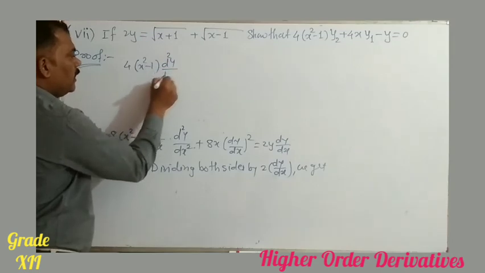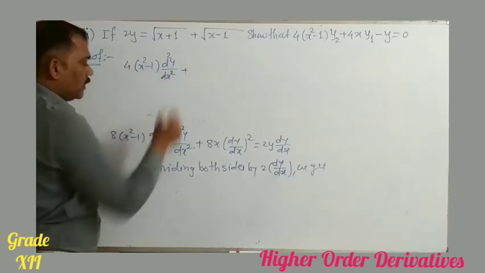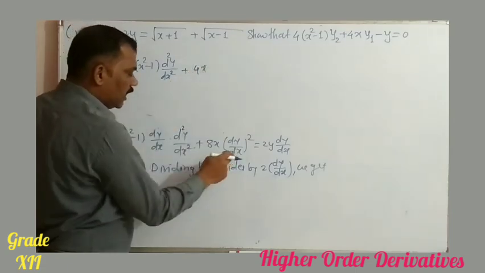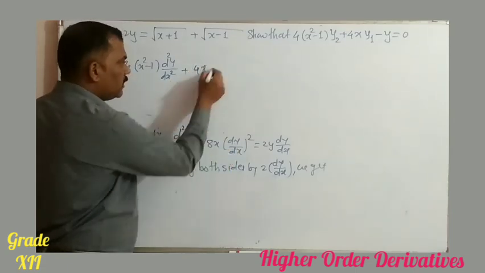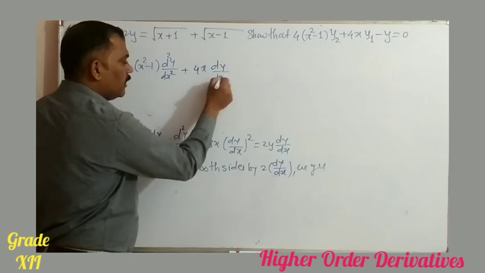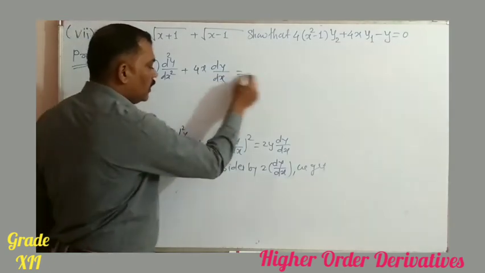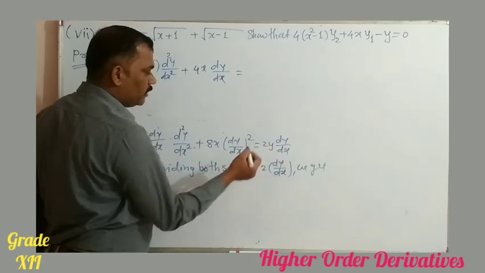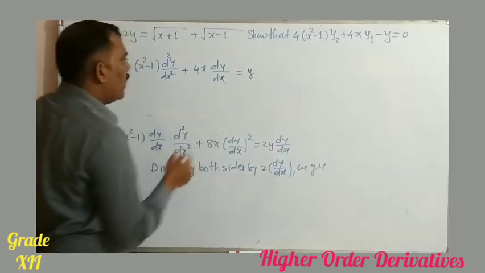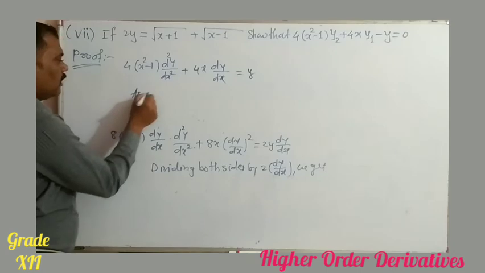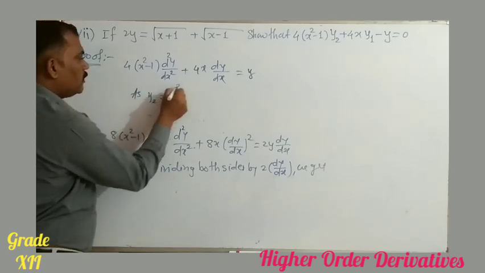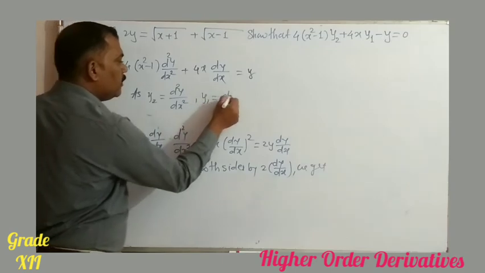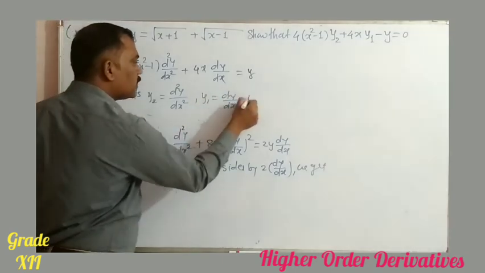Plus we divide by 2 so we get 4x, also divided by dy by dx, so remaining only dy by dx is equal to y, because 2 into dy by dx gets cancelled. Here y2 is d2y by dx square, y1 is dy by dx.